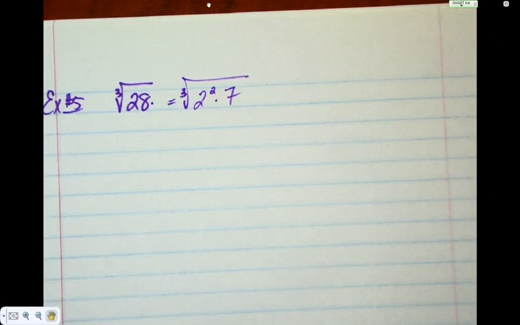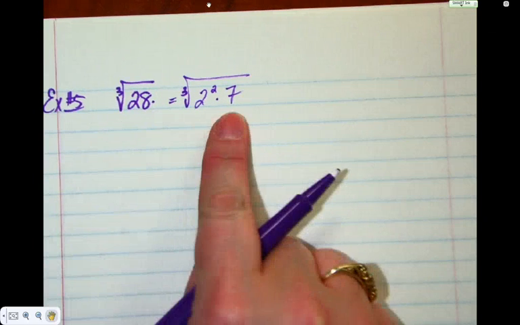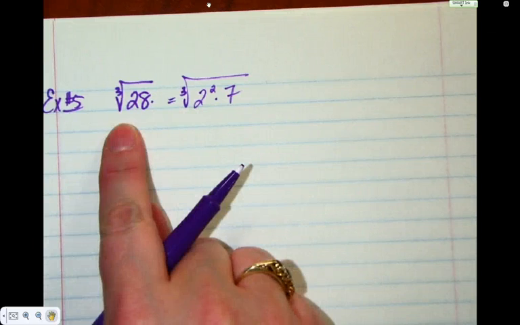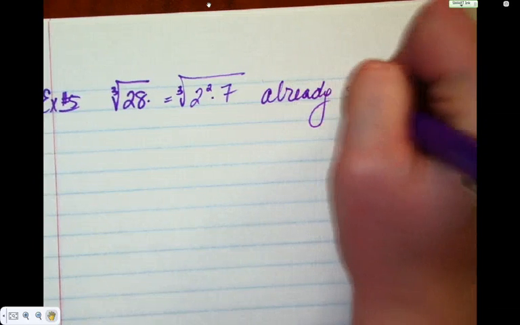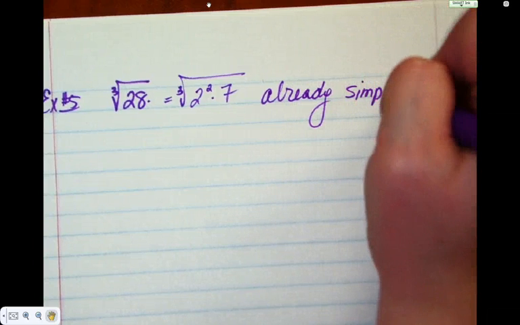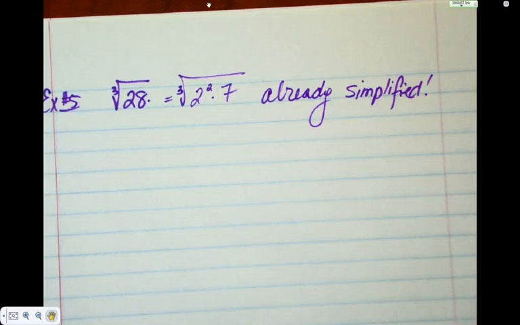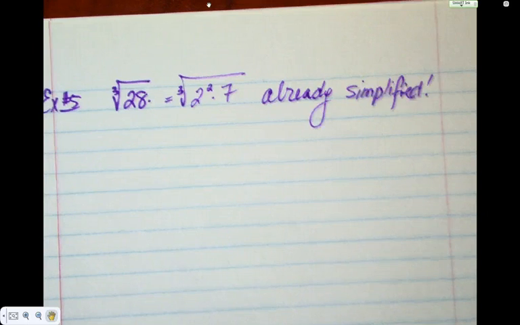It doesn't work. So what do we do? What does it tell you about this if we can't do anything here? It's already simplified. If your gut was telling you to stop, then stop. So if your gut was saying, wait, I can't do anything, then don't try to force something out of it. It's already simplified.